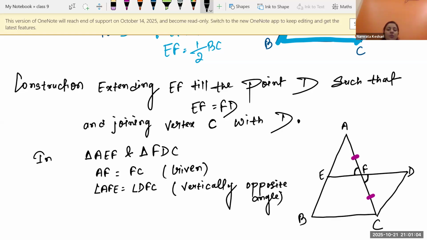And just now in your construction, you have assumed that these two are equal in length. For doing this proof only, we have taken the assumption. So we will say EF and DF are equal, by construction. And we are done with the congruency. We can say these two triangles are congruent by SAS, right?